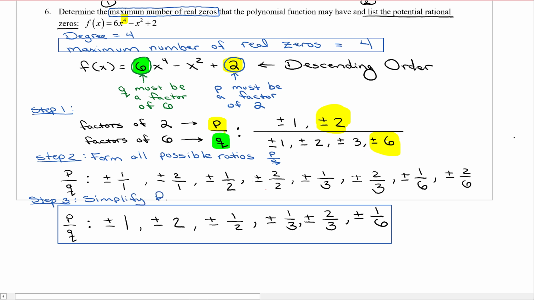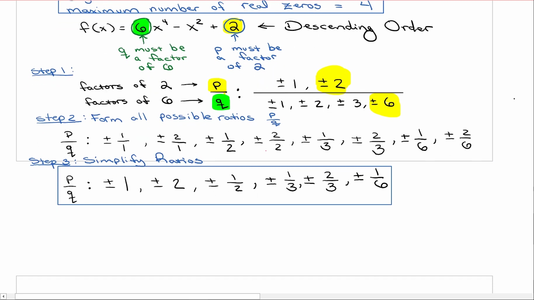So we simplified all the possible ratios that we found. And we weren't redundant. We didn't repeat ratios, but we only kept one set for each one.